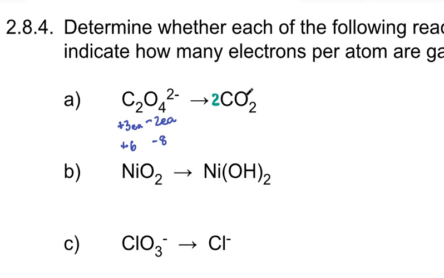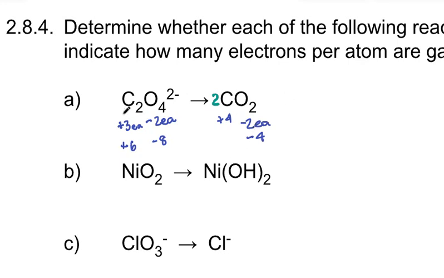In carbon dioxide, the oxygens are -2 each, total of -4, yet the molecule's net charge is 0, so the carbon here must be +4. That's +4 total and +4 each because there's only a single carbon atom there. So, first, what happened to the carbon?